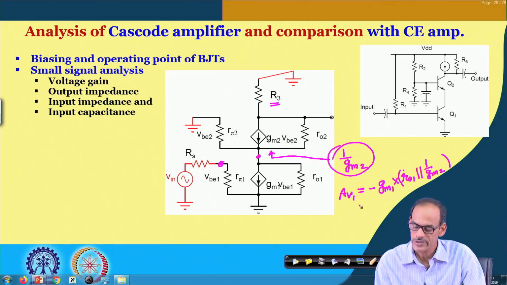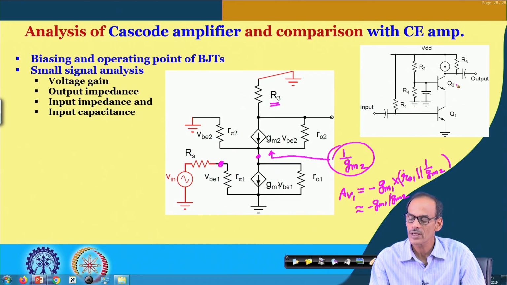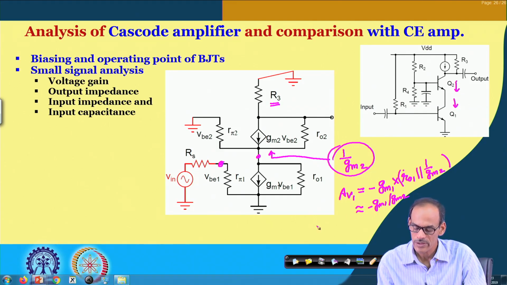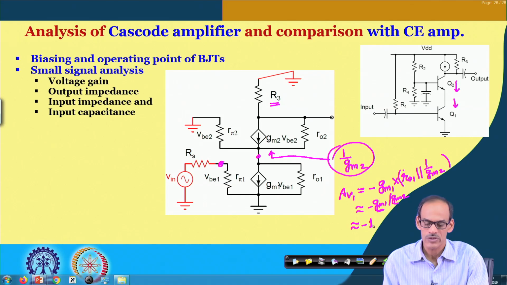So, this is approximately g m 1 divided by g m 2. And since the current here and the current here are the same, we can say that g m 1 and g m 2 are the same. So, further we can say that this is approximately minus 1.